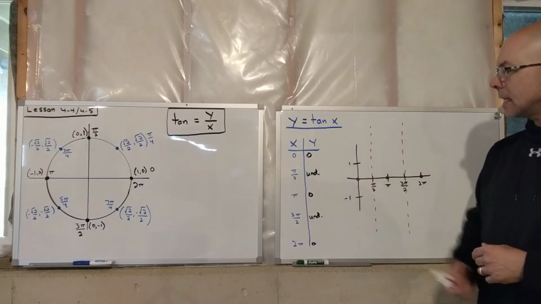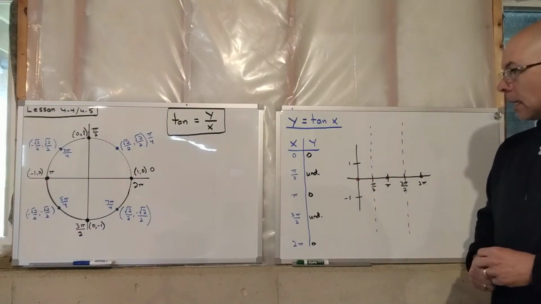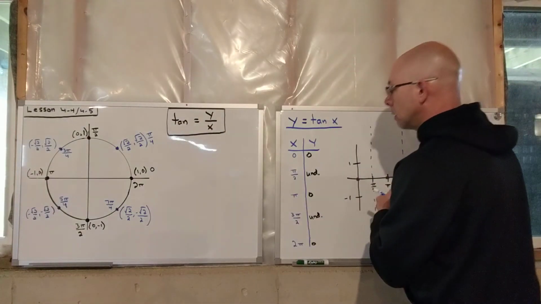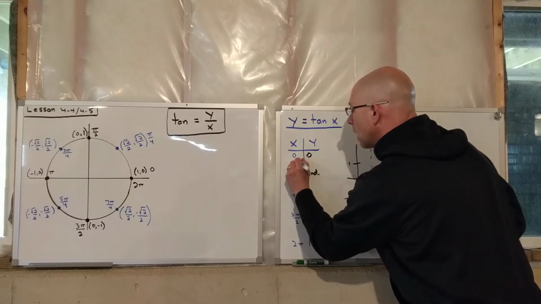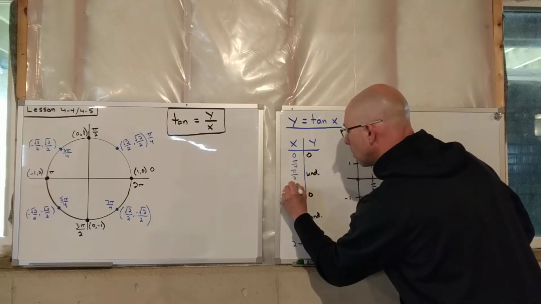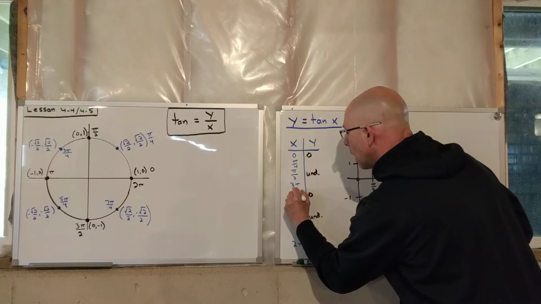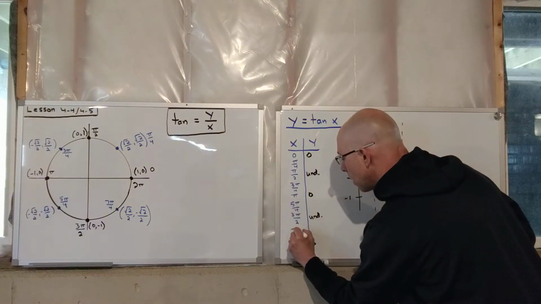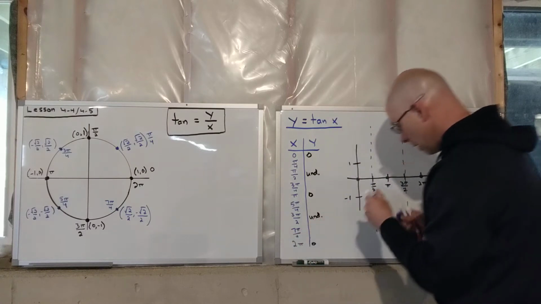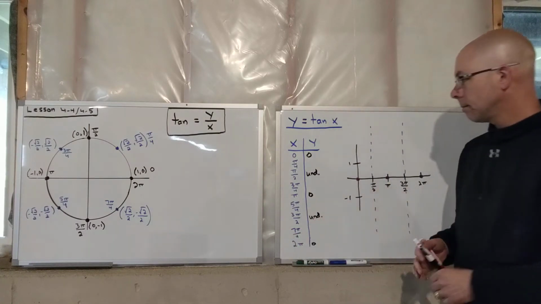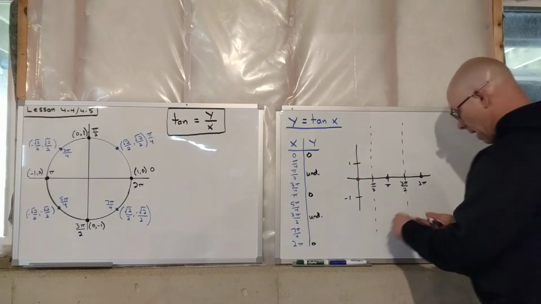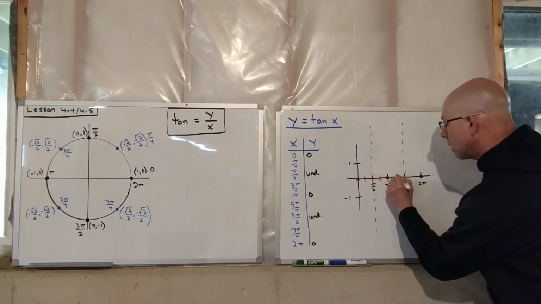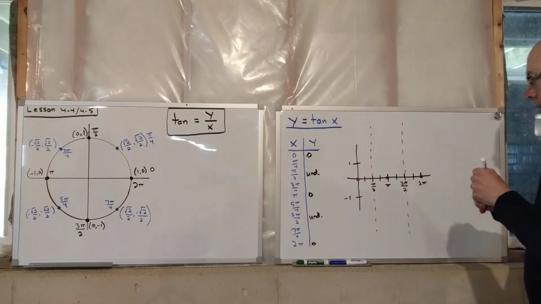So this is why we need these extra points. This is why we need the pi over 4 in here, and the 3 pi over 4 here, and 5 pi over 4, and 7 pi over 4. And those places on the graph are going to fit in here, here, here, and here.